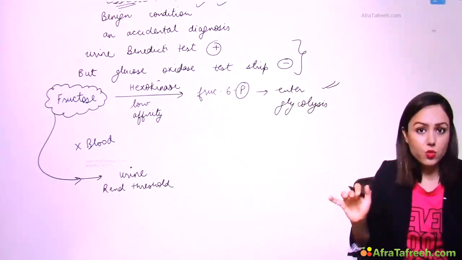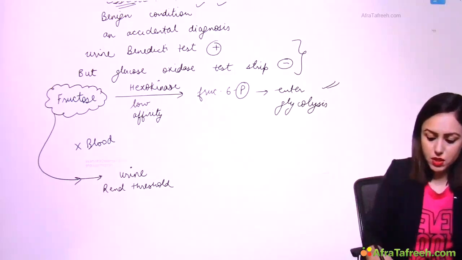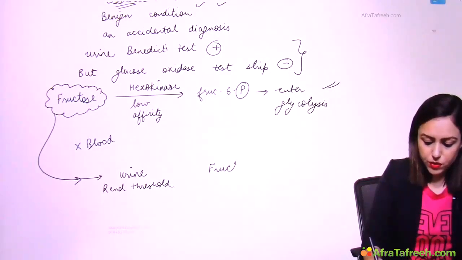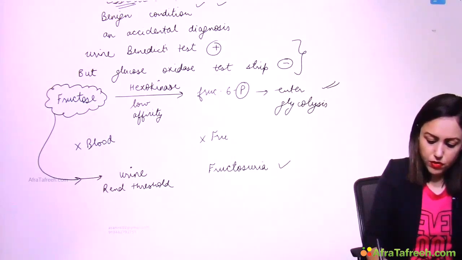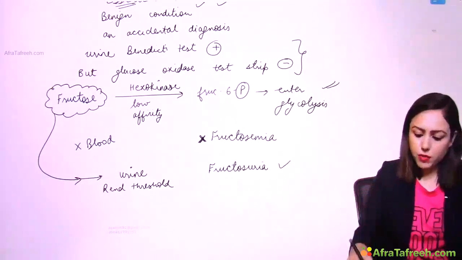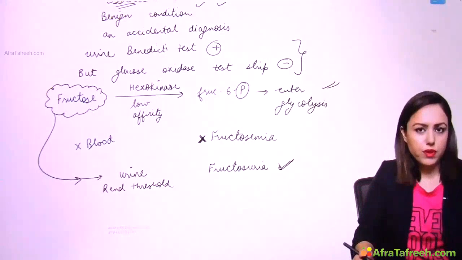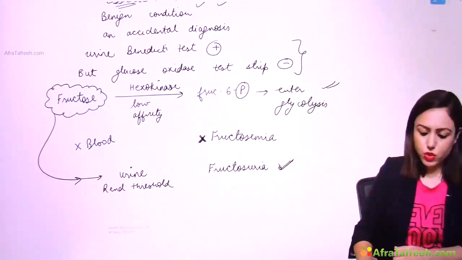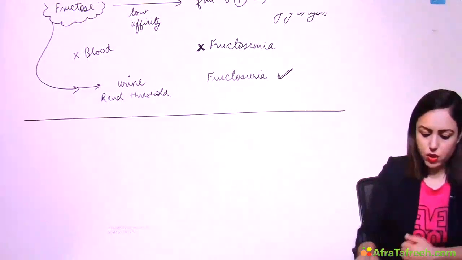Okay, that's why the name of this disease is fructosuria, not fructosemia, right? Because fructose levels are not getting raised in blood, they are getting raised in urine, right? Okay, so we are done with essential fructosuria.